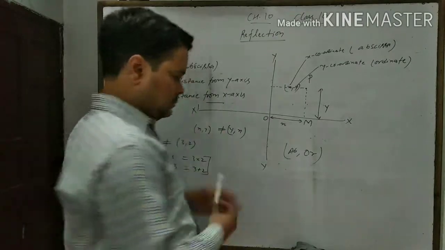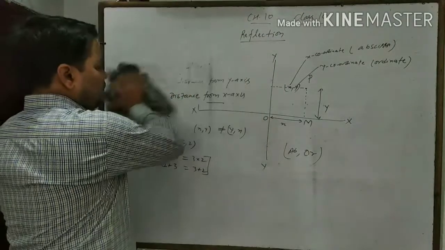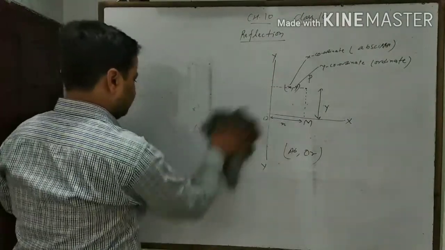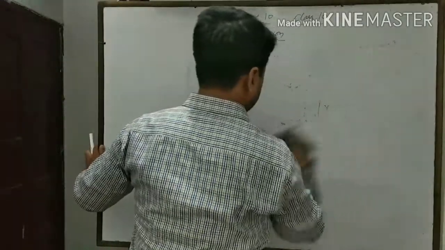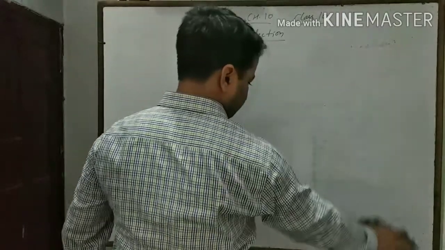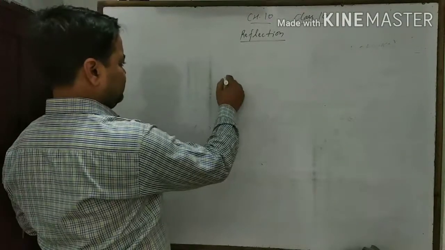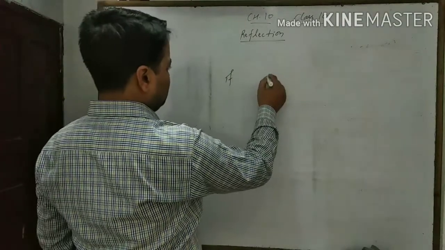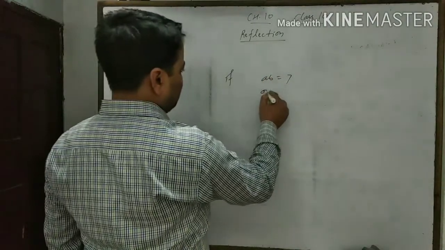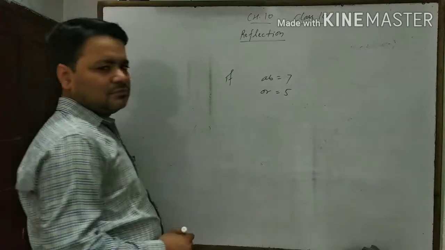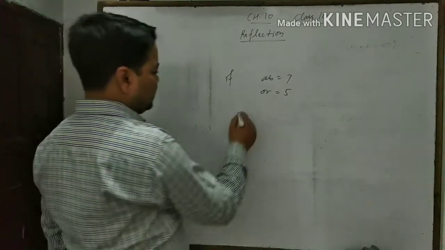Okay. Now we try to understand with an example. If the abscissa is equal to 7 and the ordinate is equal to 5, then what is the x coordinate?